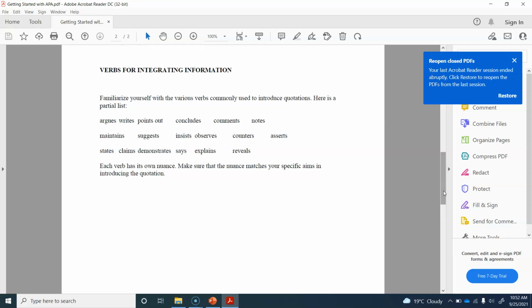Each verb has its own kind of nuance, right? So its own suggestion as to what is being portrayed. So you want to be familiar with the different nuances of these different verbs. But as you're writing, you may find this particular list helpful so that you're not repeating the same thing over and over again.